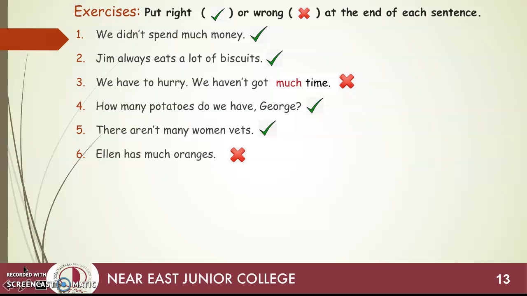This is wrong. The correct answer is Ellen has a lot of oranges. 7. I haven't got much rice in the cupboard. Correct. Well done.